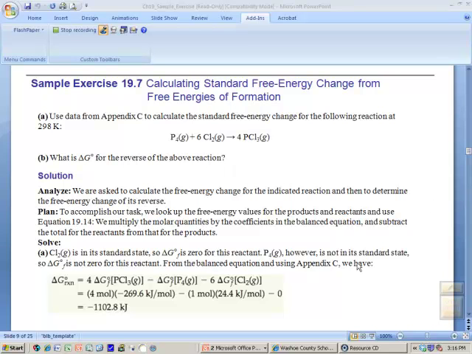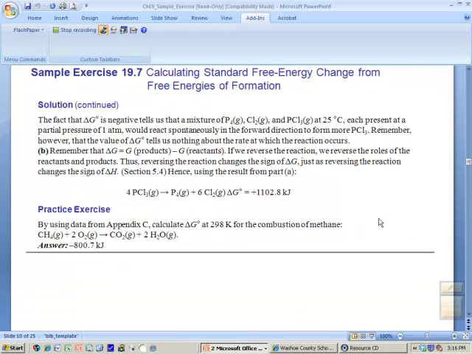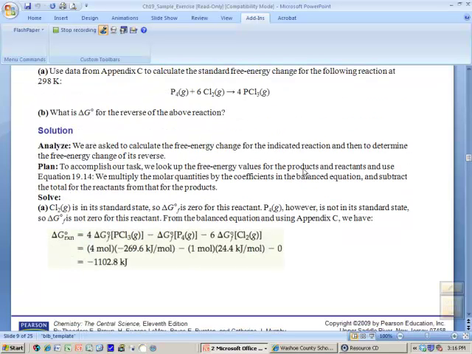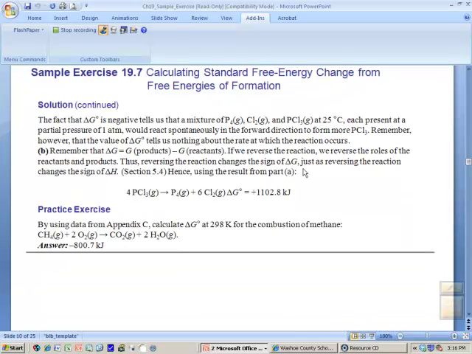Let's look at what they said for part B. For the reverse, reversing the reaction changes the sign of delta G, and it just changes it into the positive region. So even though you have a negative number up here, for the reverse reaction it'll be the same number, just positive. You could check yourself by doing the work, but that's pretty much how it goes. Alrighty.